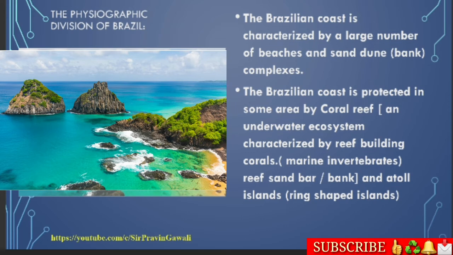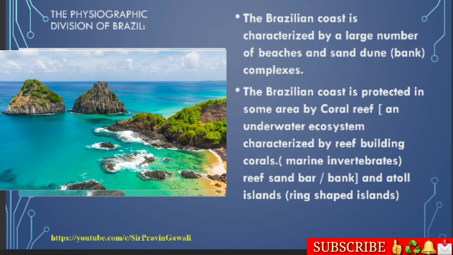Earlier we studied this while studying the physiography of India. Coral reef is an underwater ecosystem characterized by reef building corals. Marine invertebrates we find in larger quantity here. Students, reef, sand, bar, bank and atoll islands. I have told you the meaning of atoll also in the previous video.